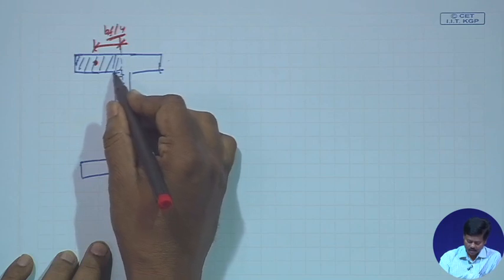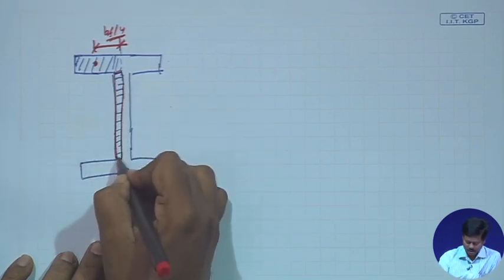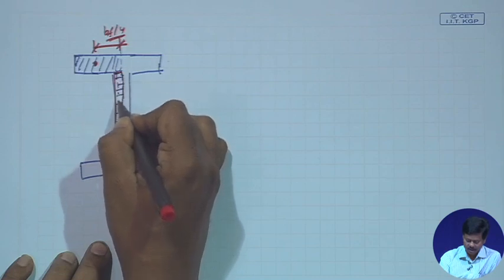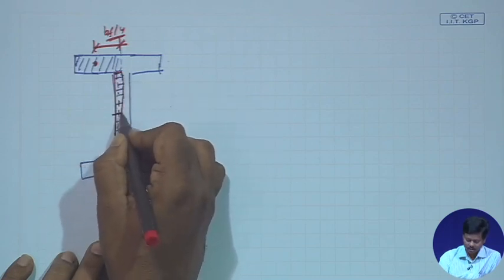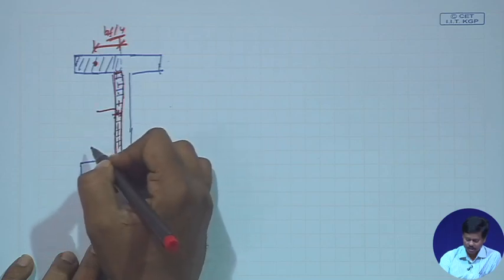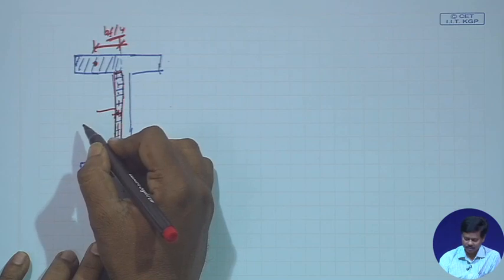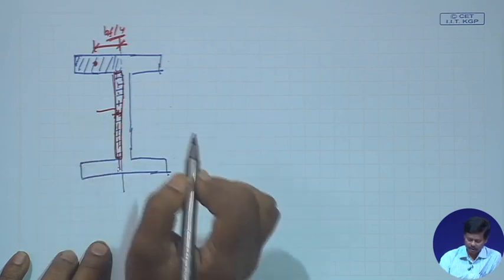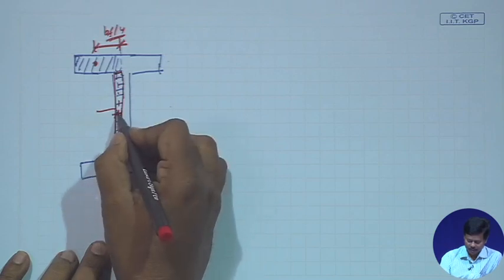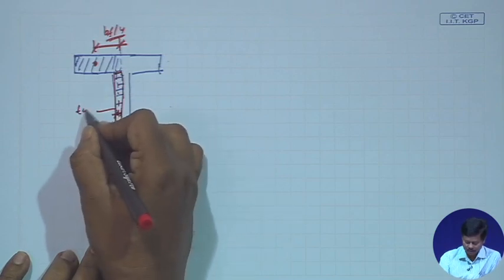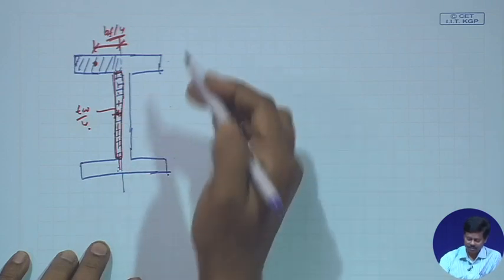And for this portion the C g will be at the middle of this, right. So, the C g distance we can find out, that will be T w by 2 by 2, that means T w by 4. Therefore, we can find out Z p y also.